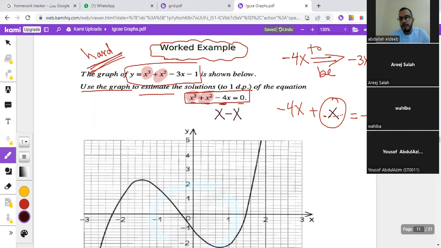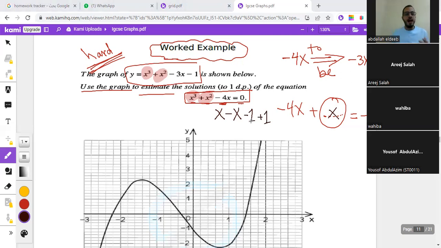So I put negative 1, then plus 1. Negative 1 plus 1. Okay, guys? Yes.